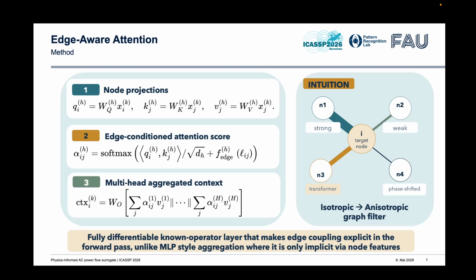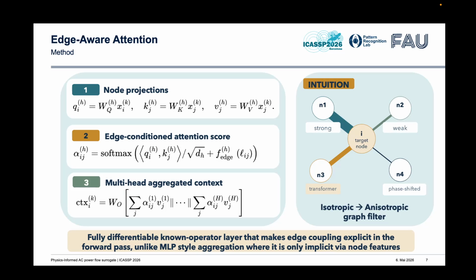But GAT also allows you to have edge features, right? Is there any special reason why you have this FLIJ term that's added, like a bias there? I mean, my question is basically why not GAT with edge features?